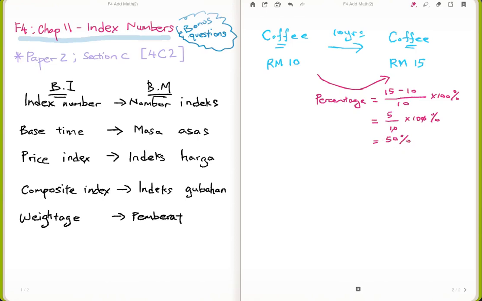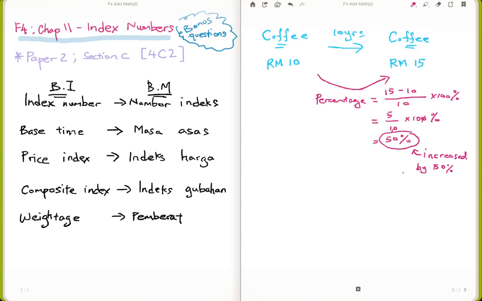So this is a positive number, and you conclude that it is increased by 50%, right? Everyone's happy. You solve this question, you get some marks over here like last time. But for now, let's get into it deeper. Put it into a form: what is the percentage? Yeah, this represents an increase of 50%.